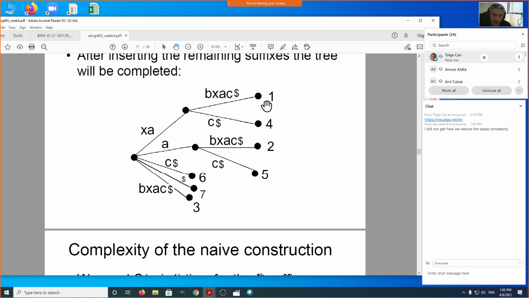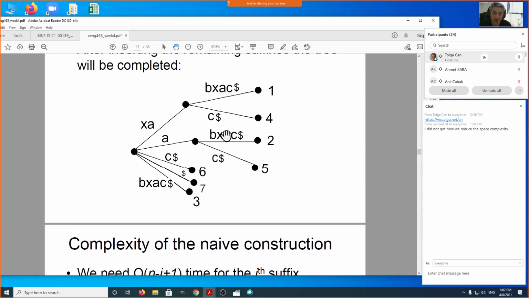So the summation of numbers from 1 to n is going to give us n square, the O(n) square. Now, what makes this quadratic is the fact that we use, for example, 5 characters on this edge label. In some cases there will be more than 5 characters. So that's the part that increases the complexity, the quadratic.